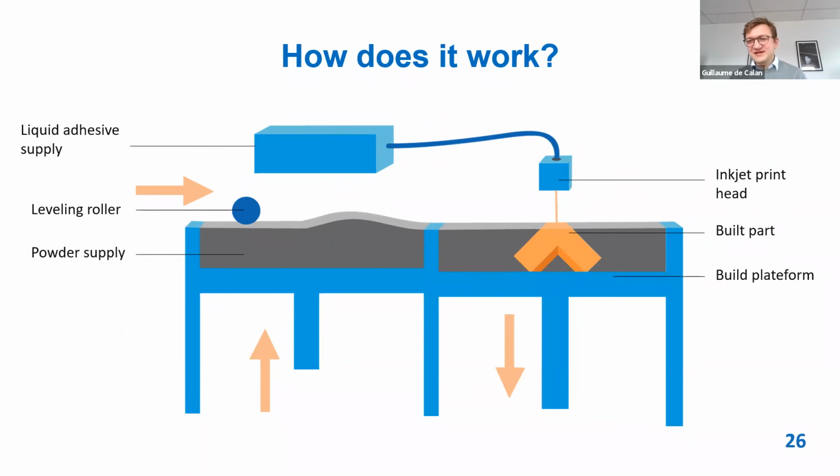The only difference here is that instead of melting with a laser, we're just going to solidify the part by jetting some binder on it, some solvent plus binder on the powder bed, which will make a solid part, basically some kind of glue, which will hold together the metal grains. And of course, then you need to sinter it to get a real metal part.